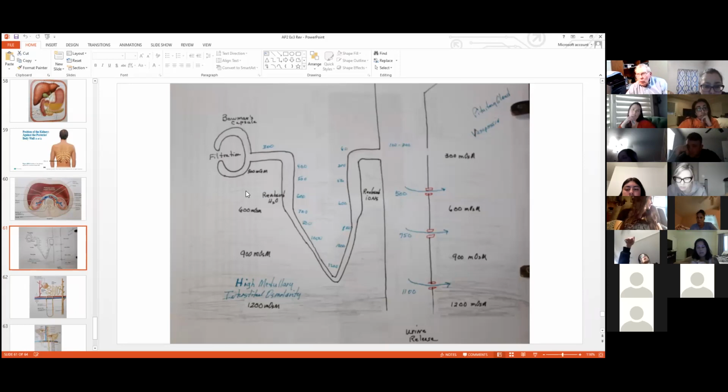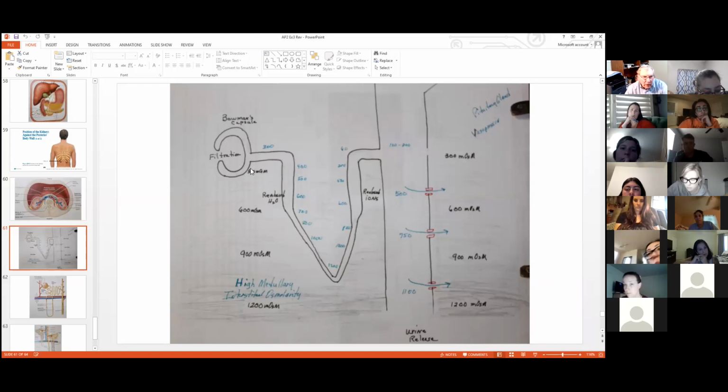If you want to make a little sketch like this, just make your little circle, put your drop down, go down deeper, and then this part, running into a collecting duct. What I just want to do is outline what happens in all of these different areas. So if you want a sketch, I'll give you time to do it.